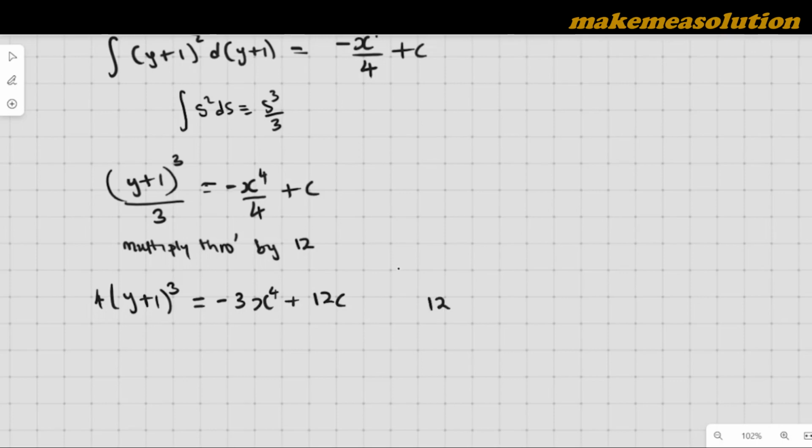So 12c can still be, for instance, because c is an arbitrary constant, 12c is another arbitrary constant. Let's just call it a.